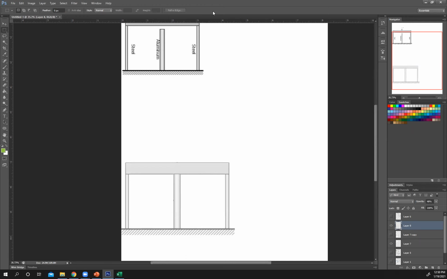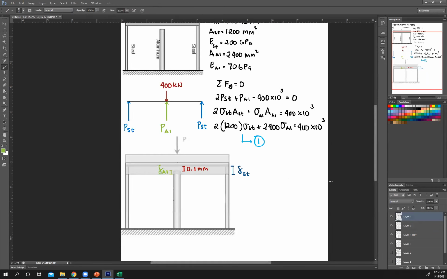First of all, this is the original position of your steel bar, and this is the final position after being compressed. So this length is your deformation of steel bar.